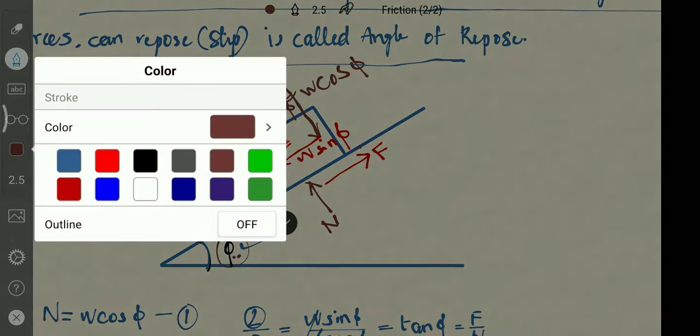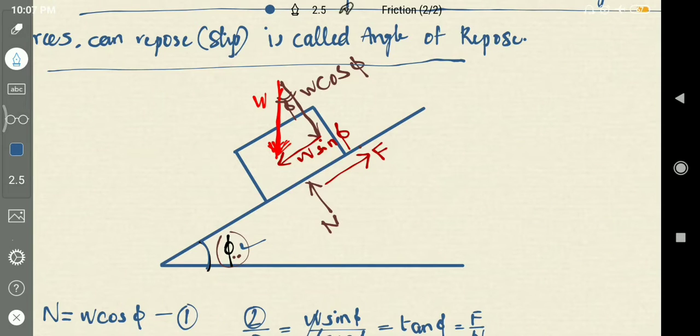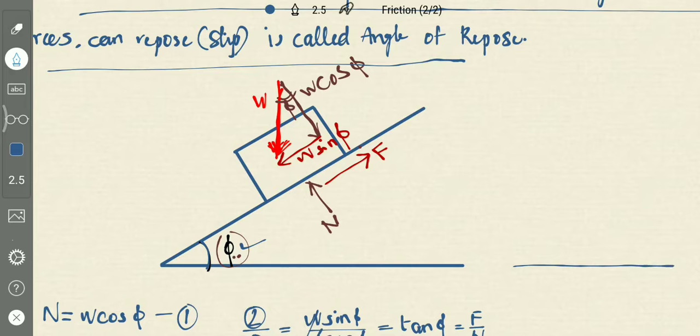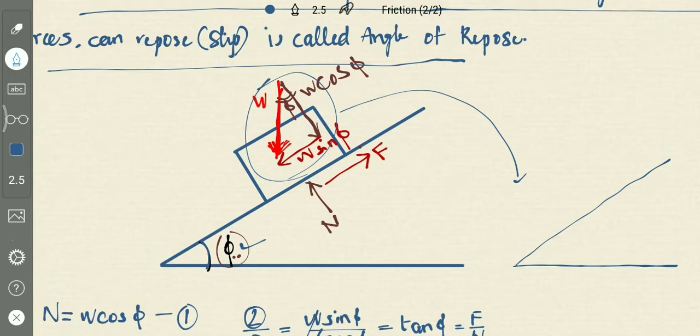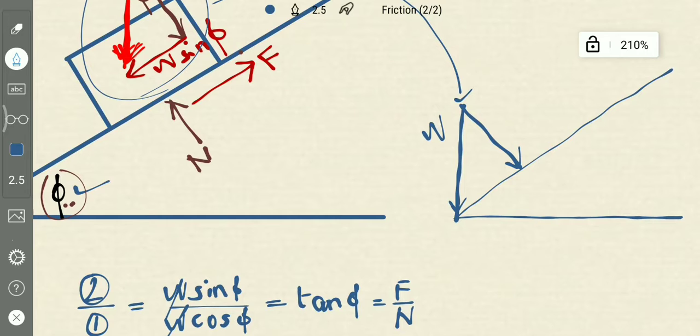So how did we get that angle equal? This is the inclined plane, right? Transfer these forces up to here. So this is W, perpendicular to the plane. This is angle phi.